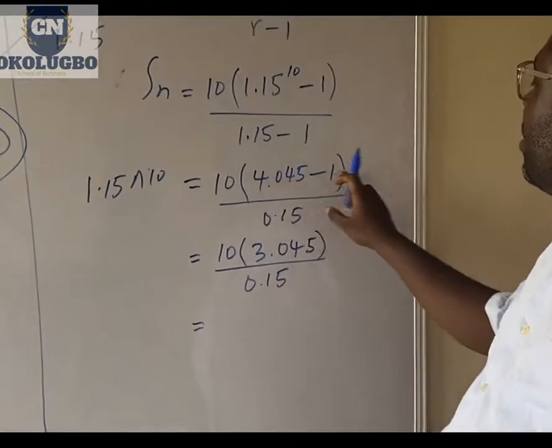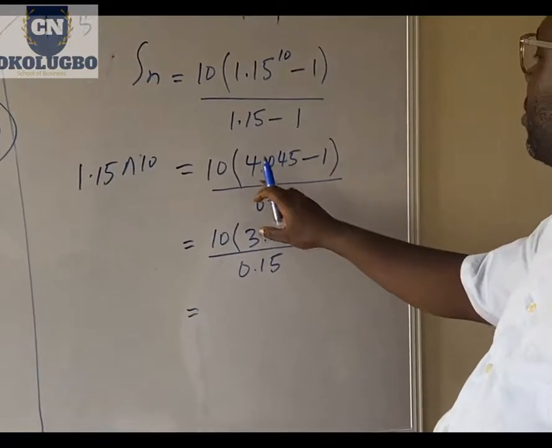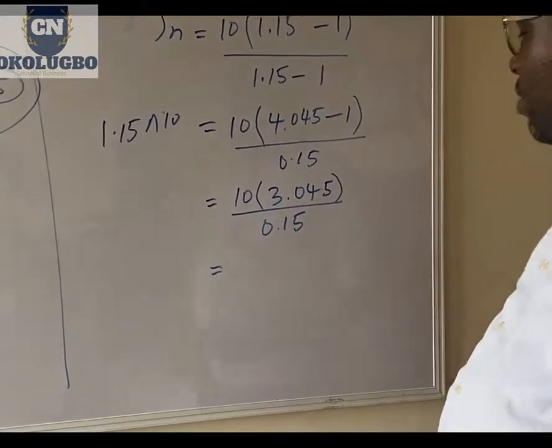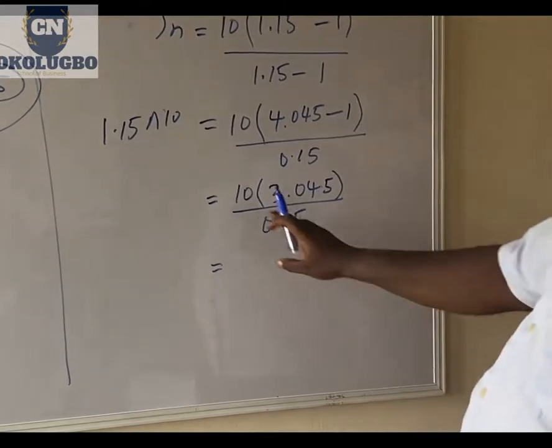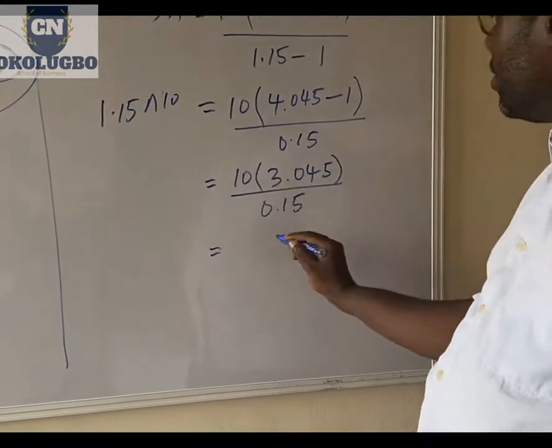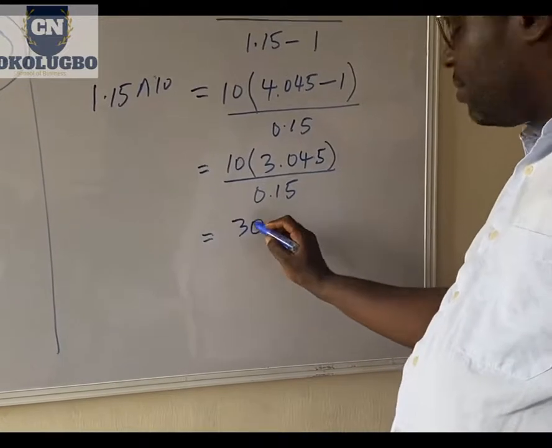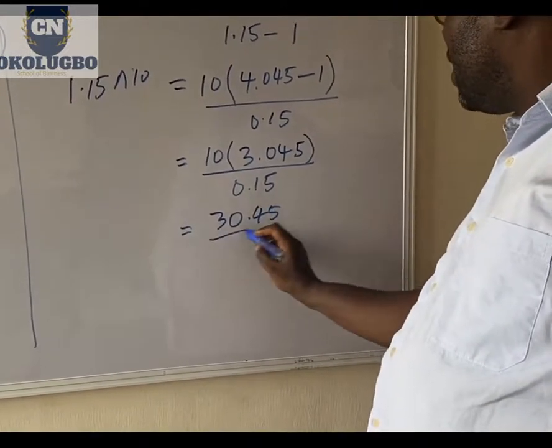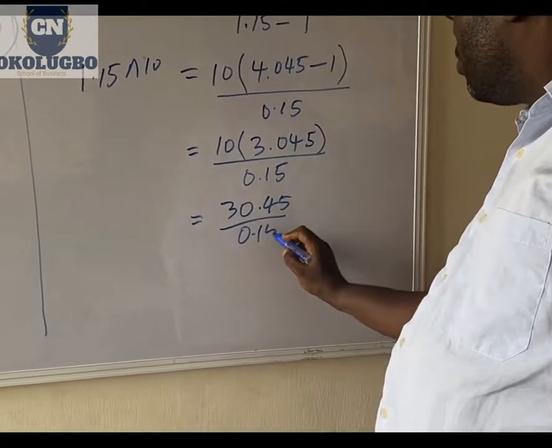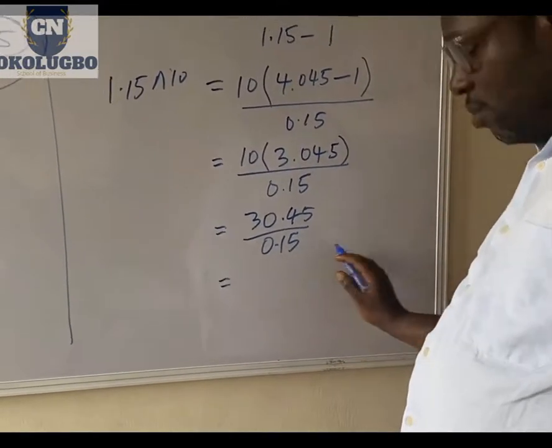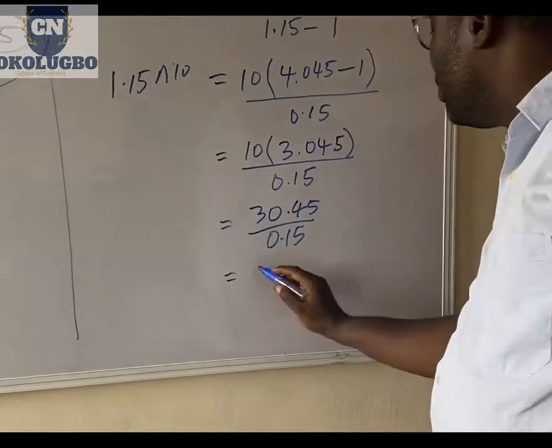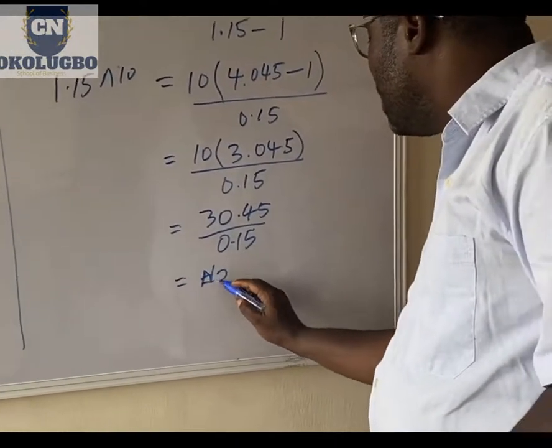So this is minus 1. So this will be 3.045 divided by 0.15. This times 10 should give us 30.45 divided by 0.15. So what's your answer? If you do that correctly, it should give you 203.